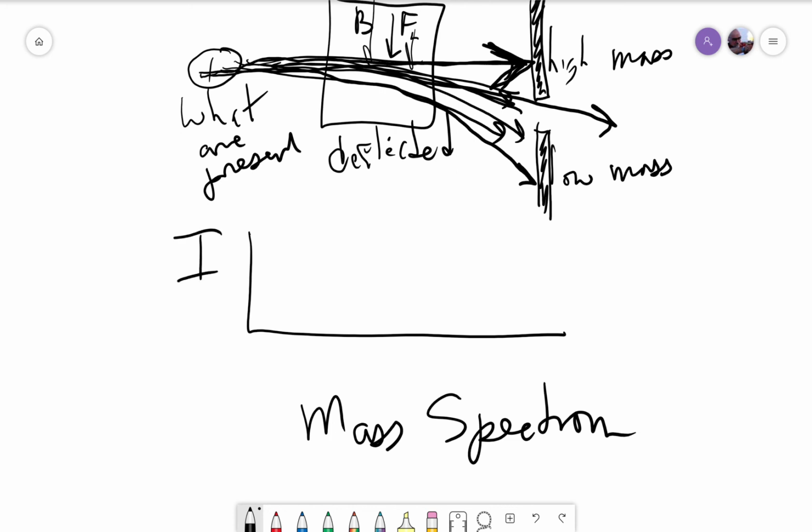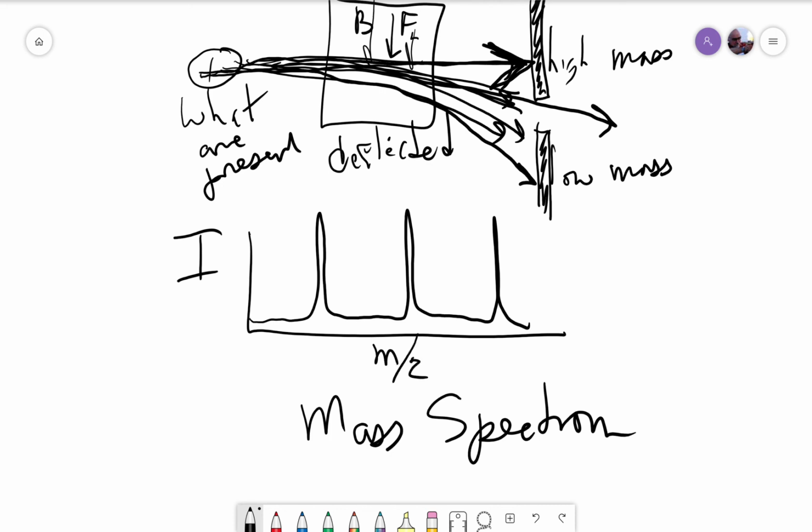Just like an absorption peak, we would see which ions exist, which masses exist. We would see peaks at different mass to charge ratios instead of peaks at different wavelengths of absorption.